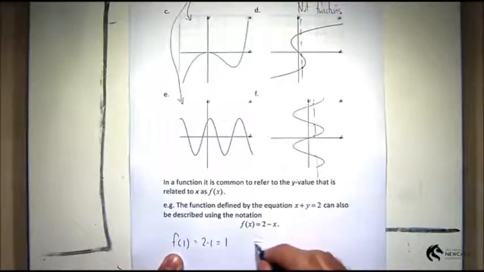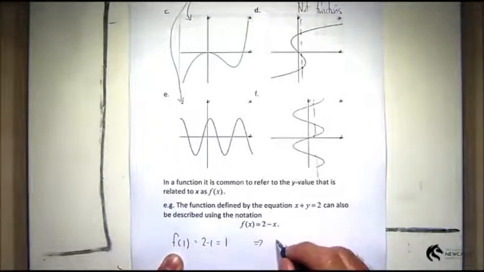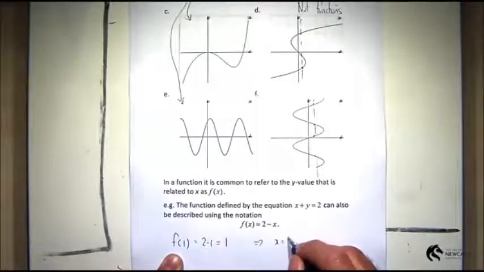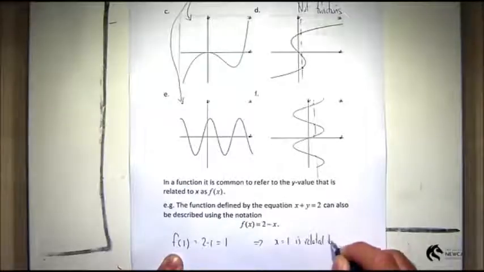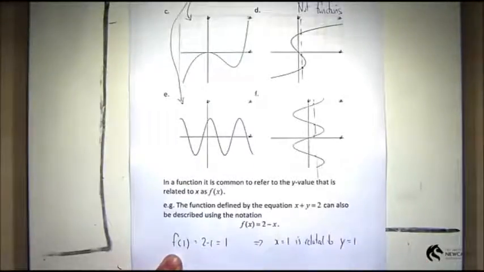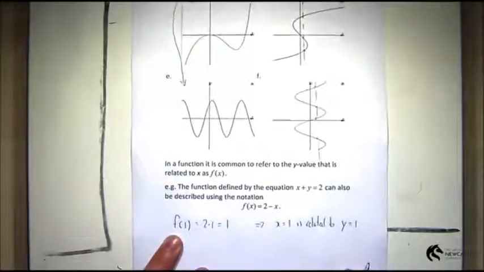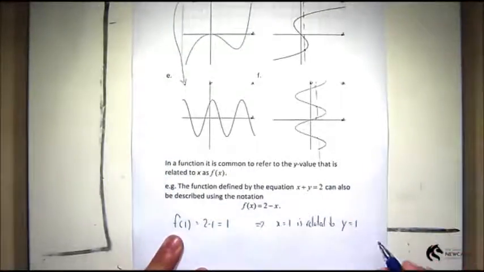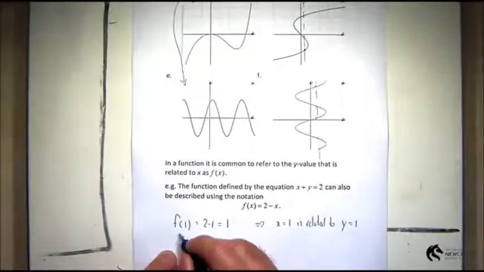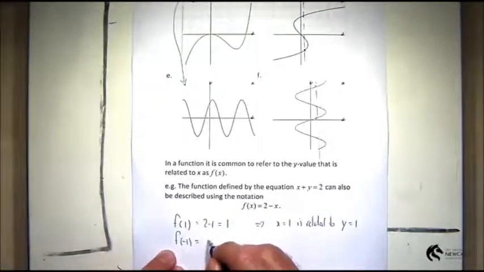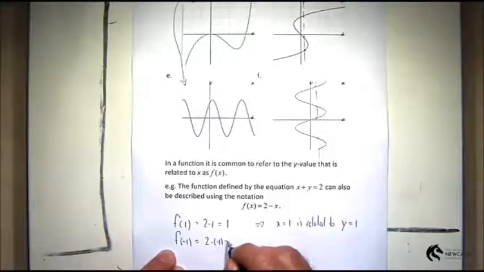And of course that says x equal to 1 is related to y equal to 1. I could say f of minus 1, that would be 2 minus minus 1, so that would be 3.